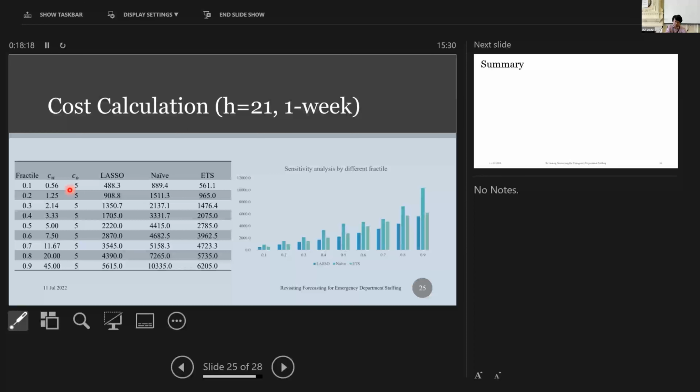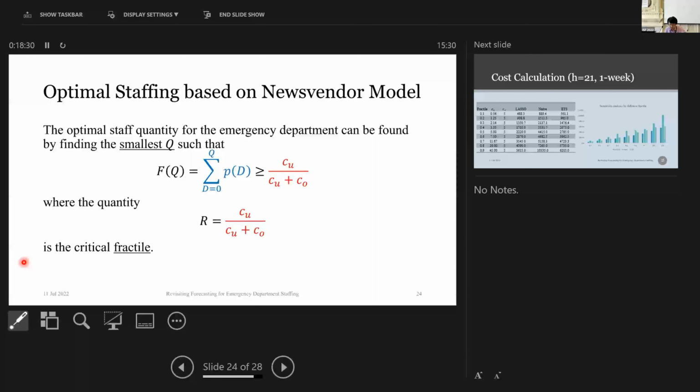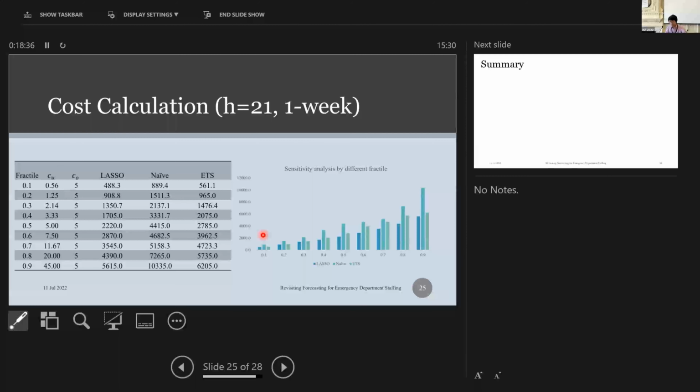And for sensitivity, I try changing the underage cost, and then you will have different fractiles, and this fractile is a key decision criterion in terms of staffing. If you try all of them, Lasso is consistently better.